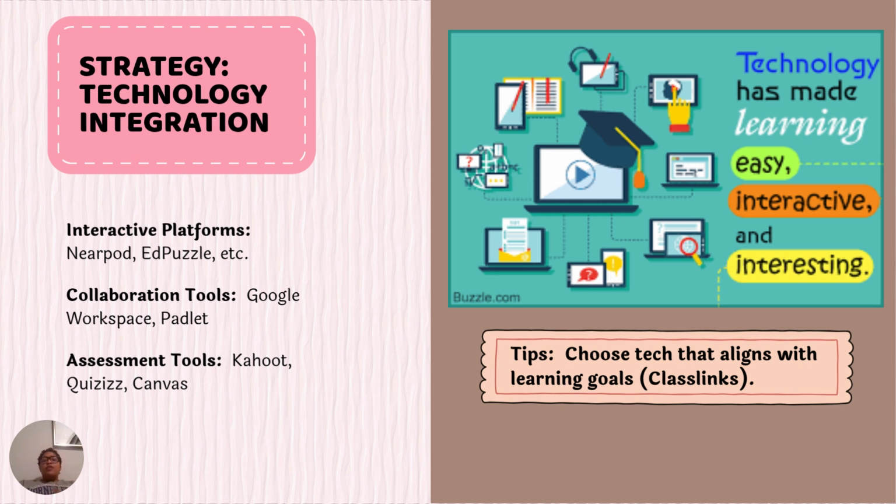Using these platforms through your school and making it a resource within your classroom. But again, it's there to enhance. It's not there to replace. So my tip is I would choose tech that aligns with learning goals and not just novelty. Use the technology that your technology department and your school pays for, and typically you can find all that through ClassLink.